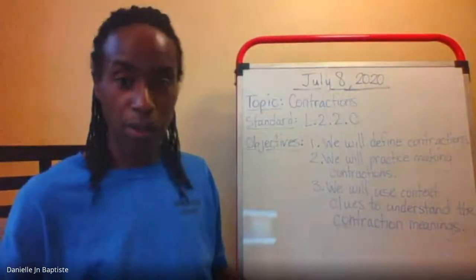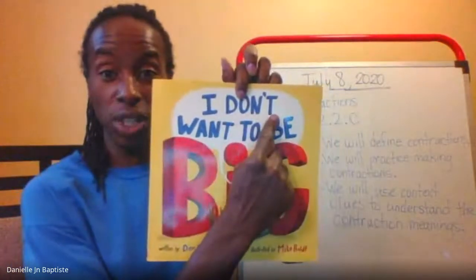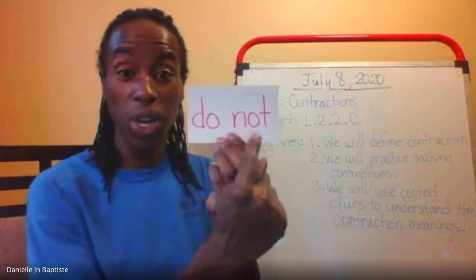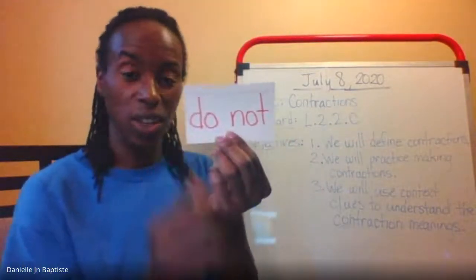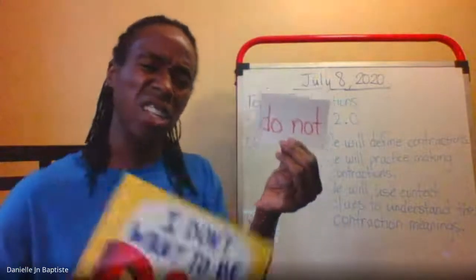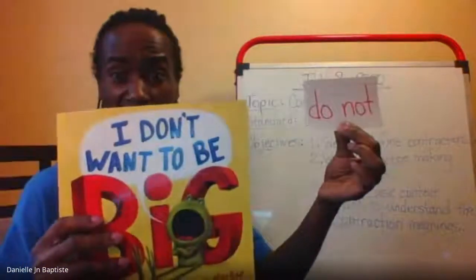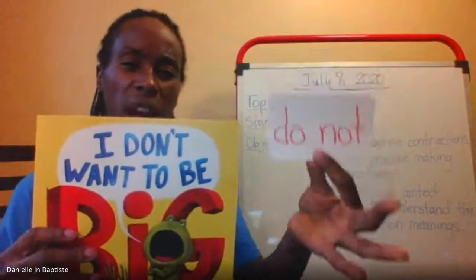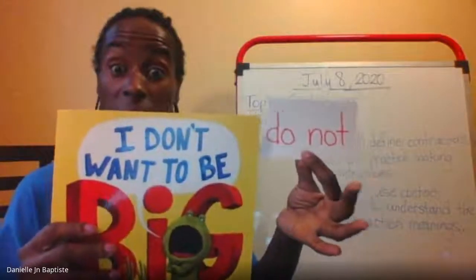So let's take a look. The word don't means do not. So take a look at don't on the cover of this book, and then take a look at do not. They mean the same thing.